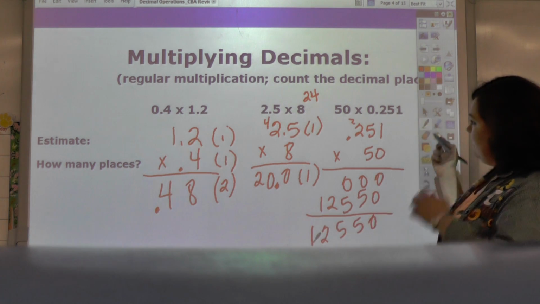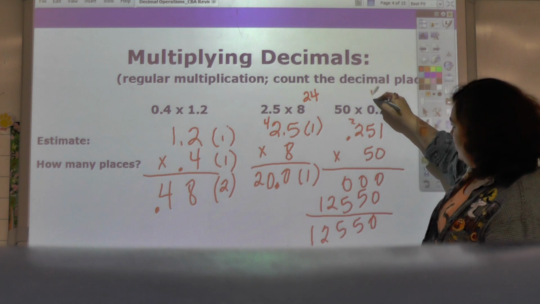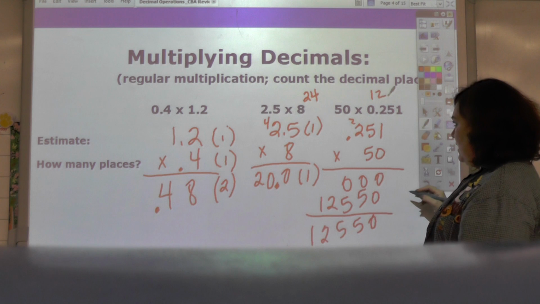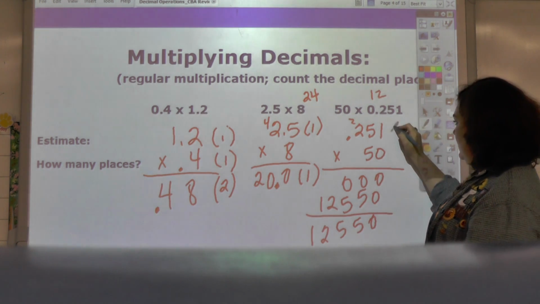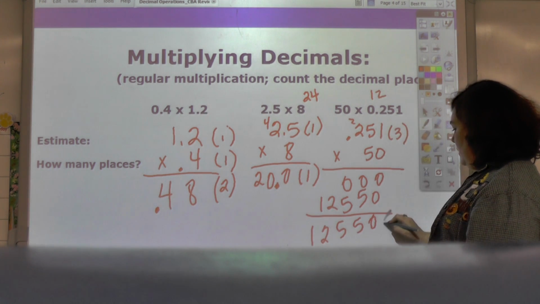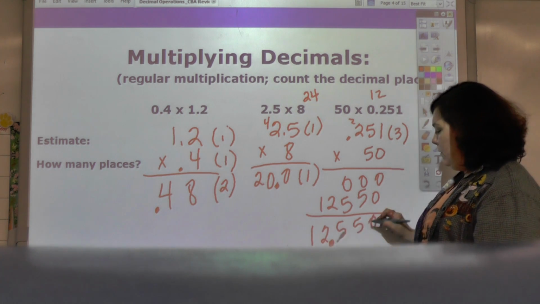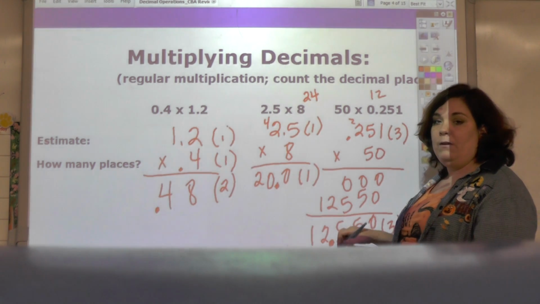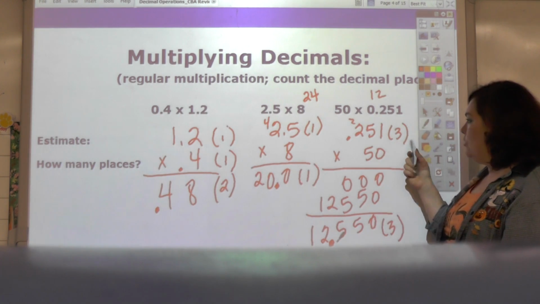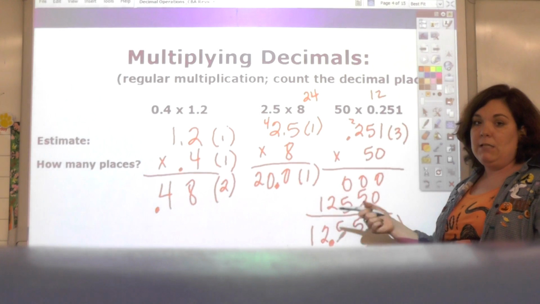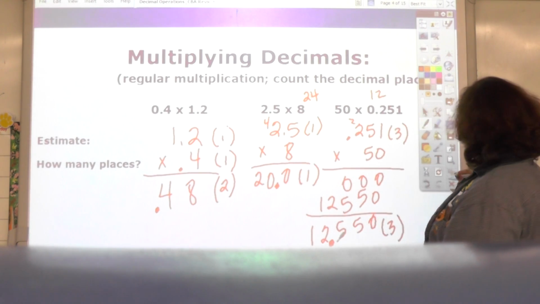And I should have estimated, and this is going to be about 12, because I'm taking a quarter of 50, and this is 3 places up here, so it's 3 places down here, 1, 2, 3. So it's 12.55 would be my exact. So make sure that you count your decimal places and that you've estimated so that you know that you have the right answer.